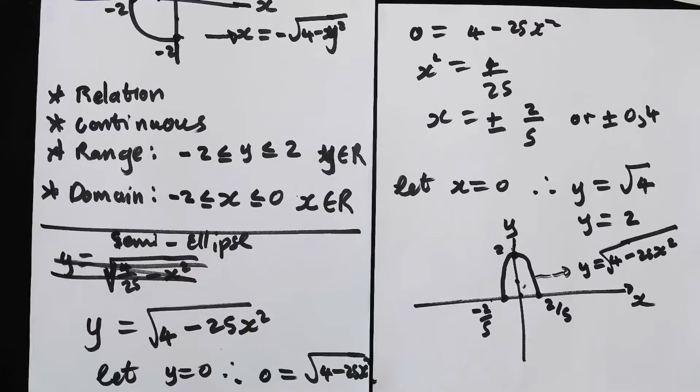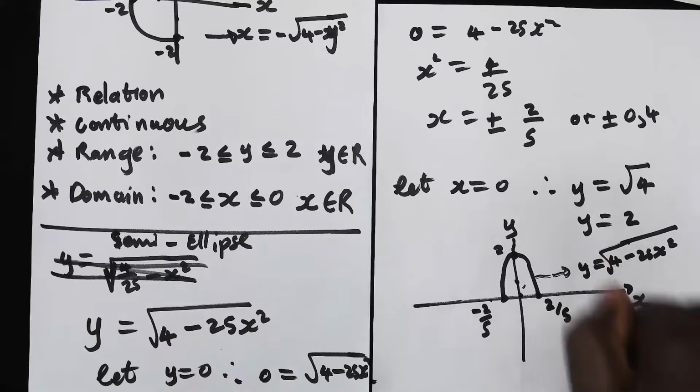Yeah, just say x is equal to 1. I hope you'll see it says what? Error, isn't it? The square root of 4 minus 25 is already a negative, so it's a non-real number. I hope you see. So you'd be plotting a non-real number, because if x is 1, x is past 0.4. If you pass 0.4, the function will not be defined. I hope you see that.